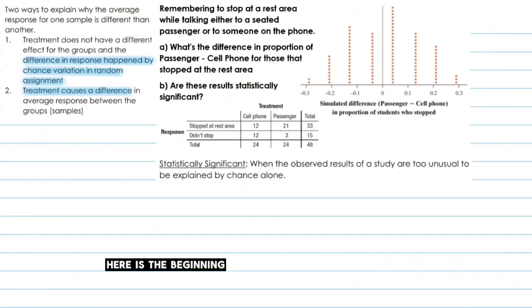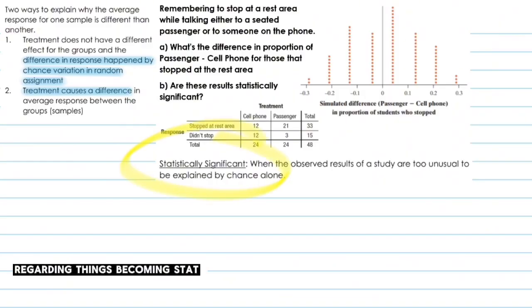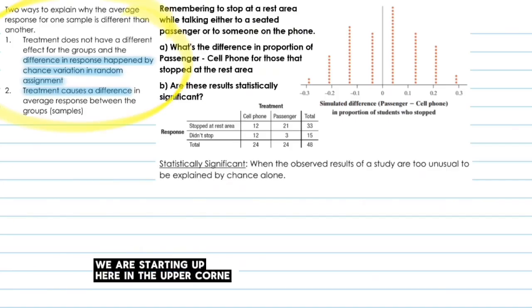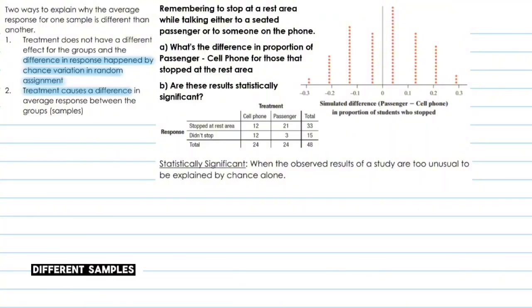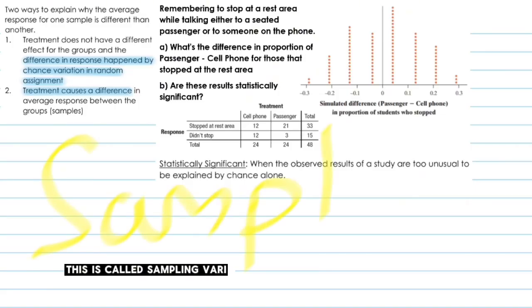Here is the beginning of a very, very important concept that we are going to get to regarding things becoming statistically significant. So please listen carefully. We are starting up here in the upper corner. There are two ways to explain why the average response for one sample is different from another, because as was just talked about, different samples produce different estimates. This is called sampling variability.